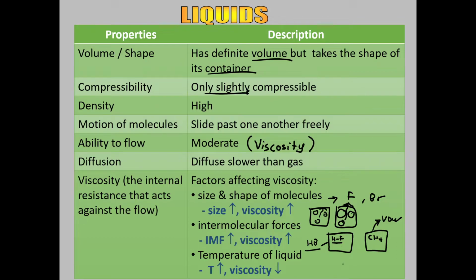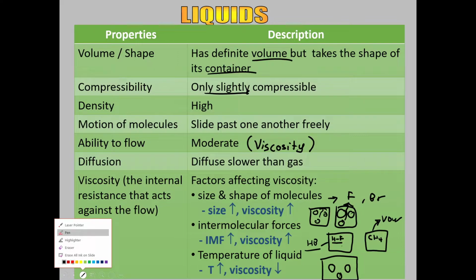Okay. And temperature of the liquid. So what we are explaining about temperature of the liquid. Okay. So untuk temperature, we actually have to use two points. We have to use 2 points untuk cerita pasal dia punya viscosity, how temperature affects. Okay.